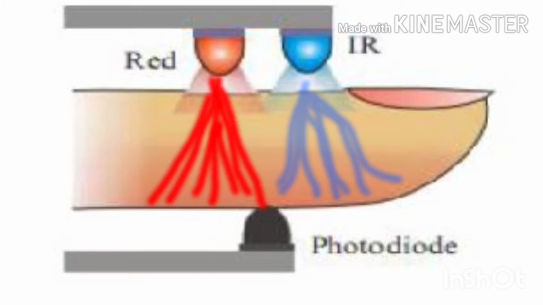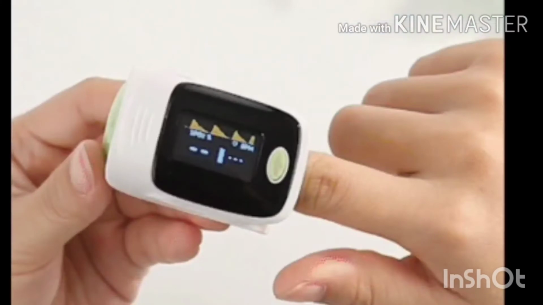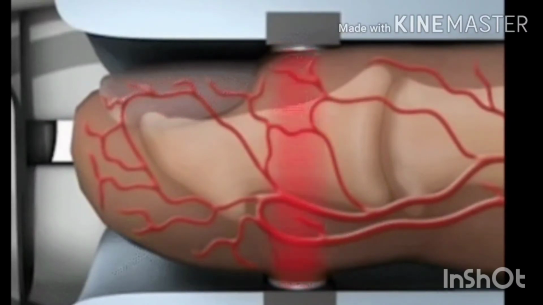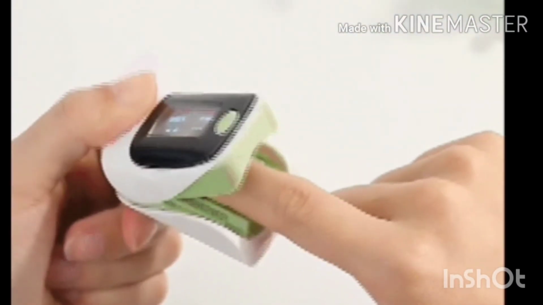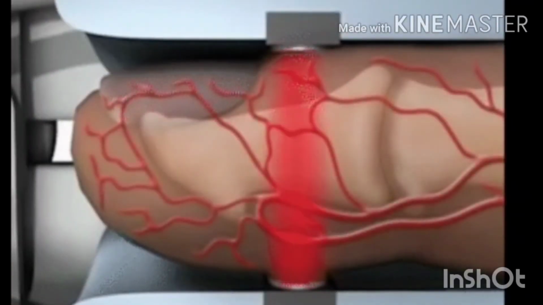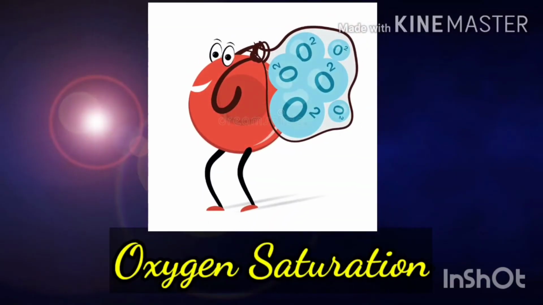Whenever we use the pulse oximeter, these two lights, the infrared light as well as the red light, pass through our body, and depending upon the amount of absorption of infrared light and red light, in general terms, depending upon the amount of oxyhemoglobin in our body, we will get the oxygen saturation levels. And this is about the principle of pulse oximeter.